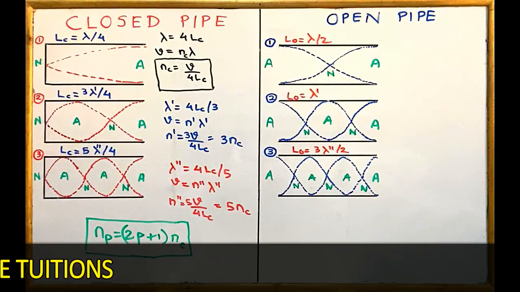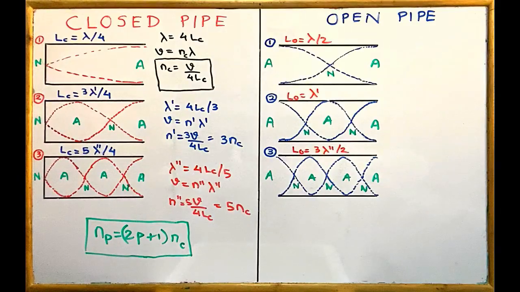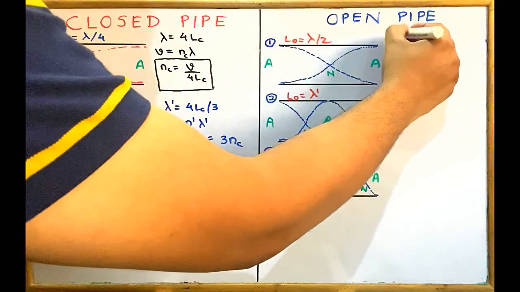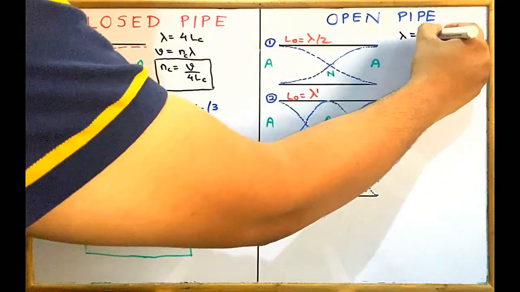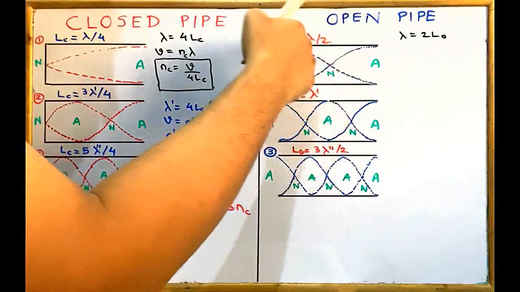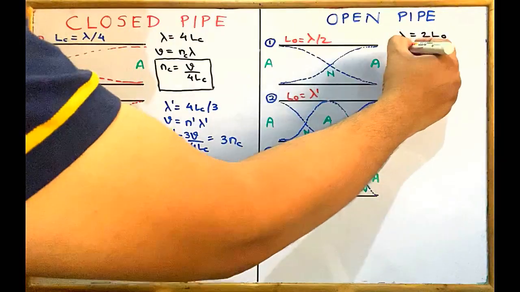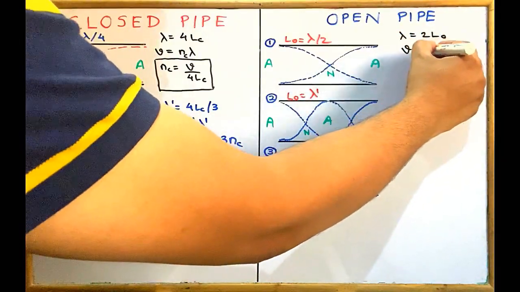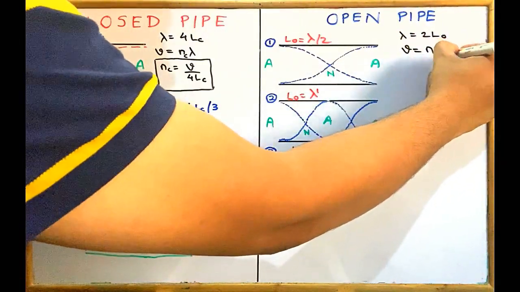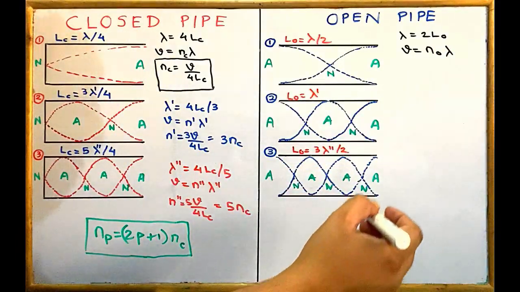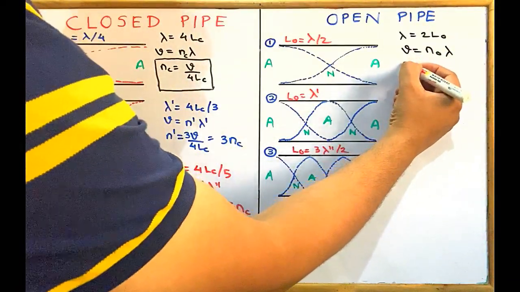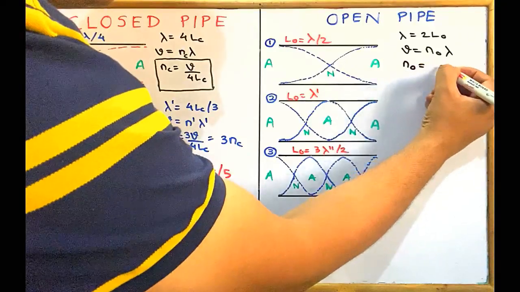Similar kind of discussion here for our open pipe, right? What is the value of lambda? It's going to be 2 times LO from here, 2 in the numerator. So if lambda is 2 LO, I know V is equal to n lambda, but because it's the open pipe, let me call it as NO lambda O. Or in other words, what is the fundamental frequency NO?